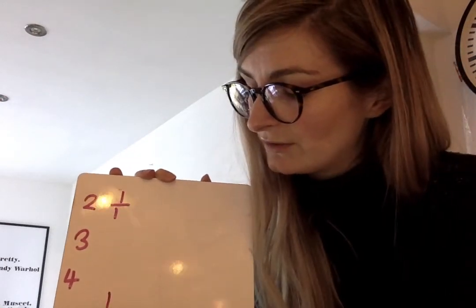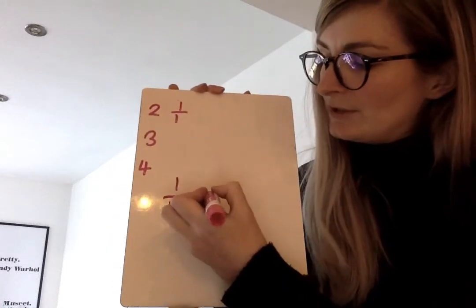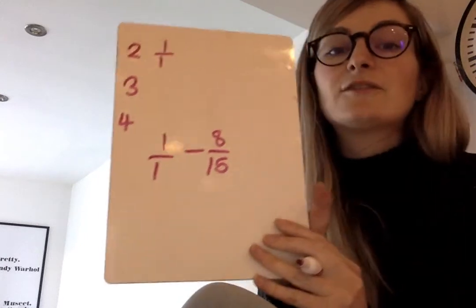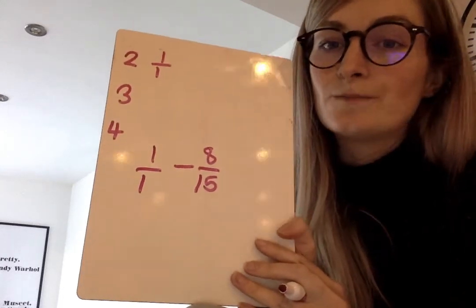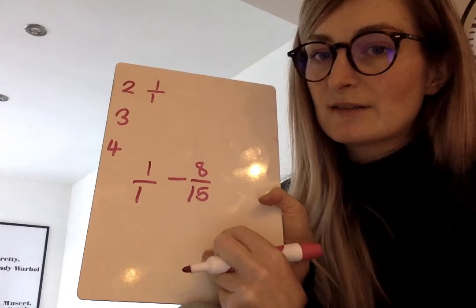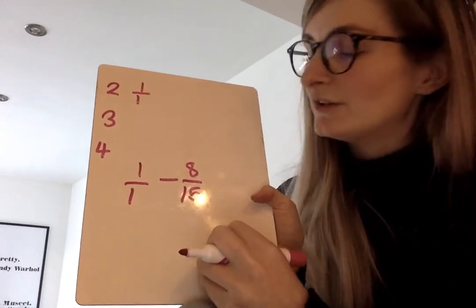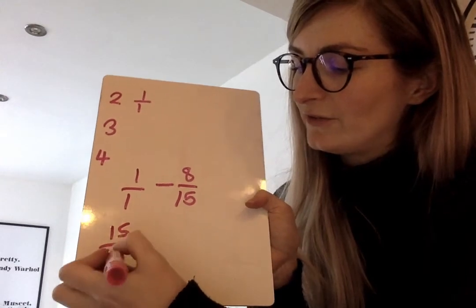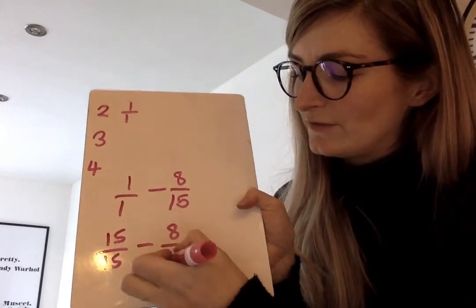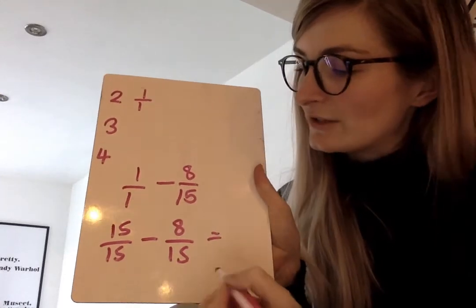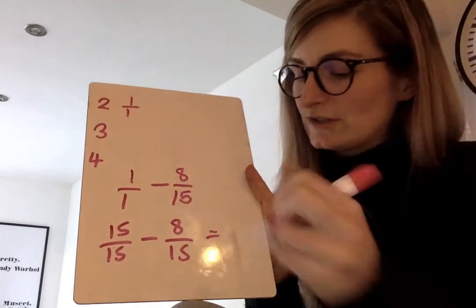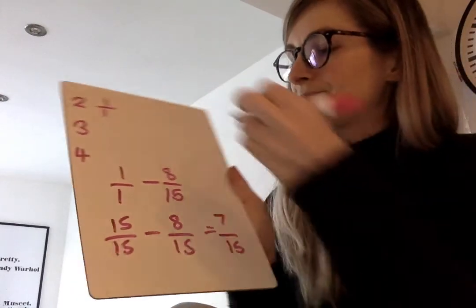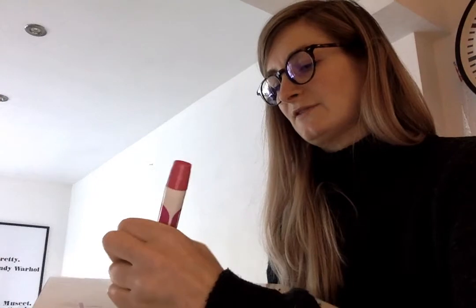So we're going to do 1 subtract 8/15, because 8/15 fewer owned 3 than 2. And can't subtract these straight through because they've not got the same denominator. I know 1 is the same as 15/15, subtract 8/15, and I can do that straight away. 15 subtract 8 is 7/15. Can I simplify that? No. So 3 is 7/15.